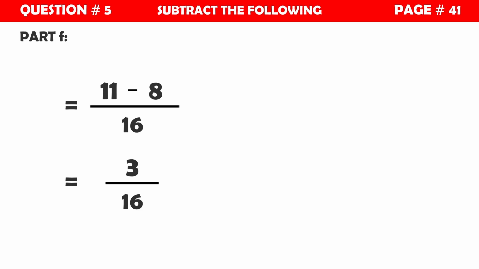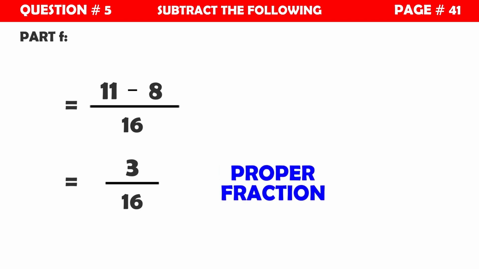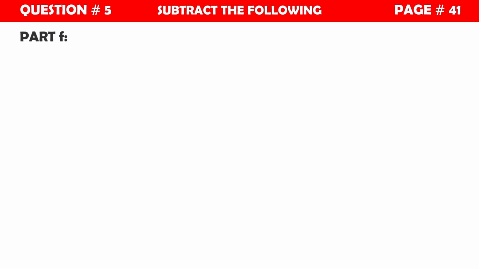Finally, the answer is 3 over 16. Now in the last step, you have to check if 3 over 16 can be reduced further. No, it cannot be reduced because 3 and 16 don't have a common factor. So the fraction is in the lowest term. And 3 over 16 is a proper fraction because the numerator is smaller than the denominator.